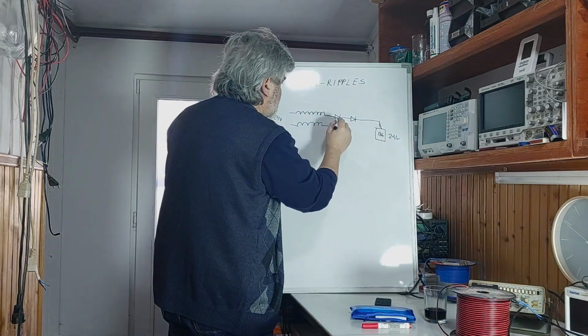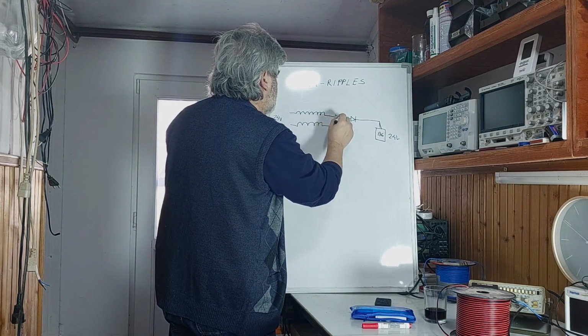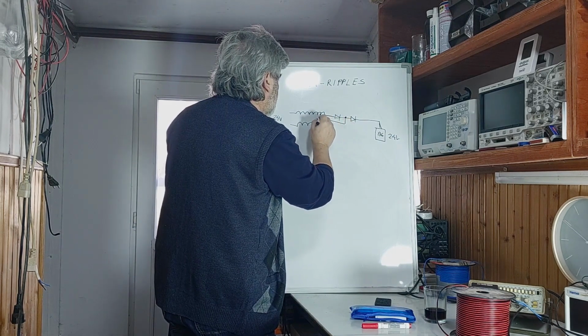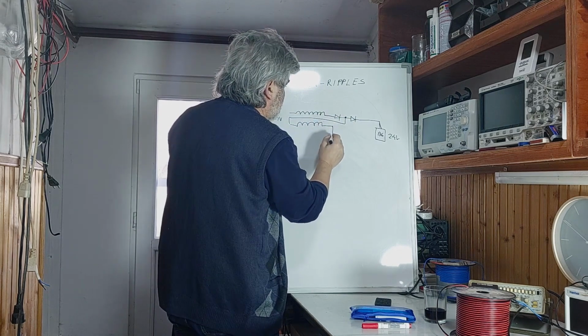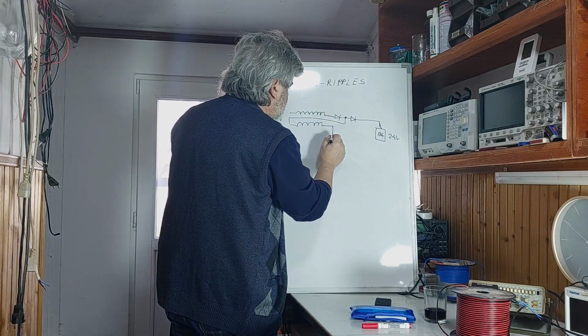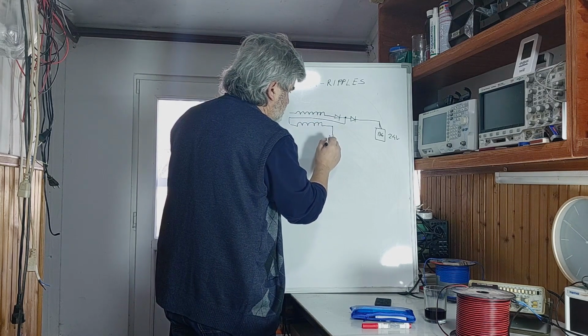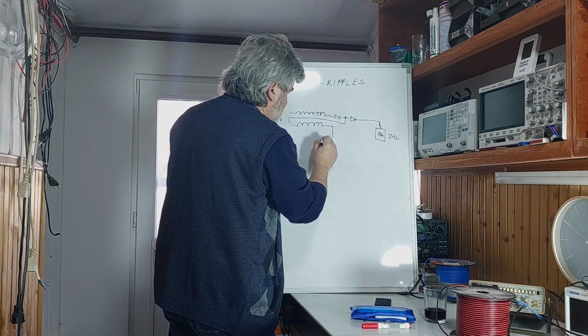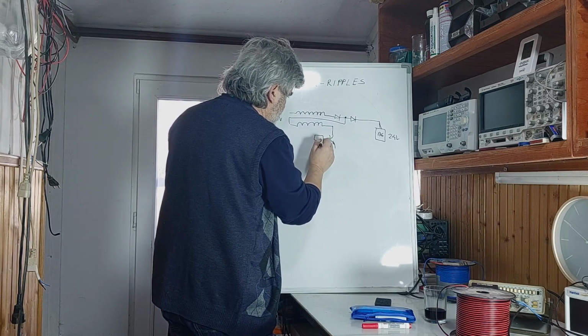Then from this point I will go over here, and from here it will go on to an electronic switch. Actually, it is a MOSFET, but I'm drawing a transistor.